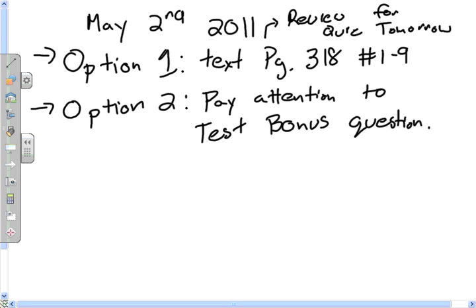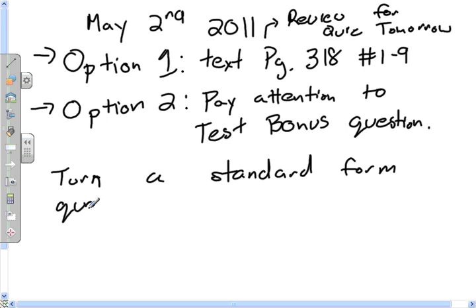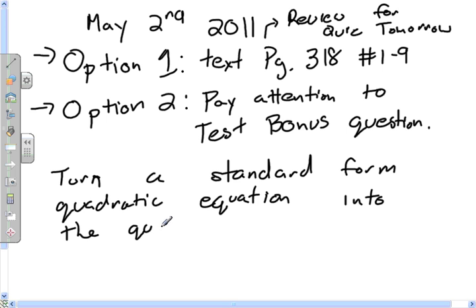You'll need to essentially recreate what I'm about to show you. The question will say, turn a standard form quadratic equation into the quadratic formula.